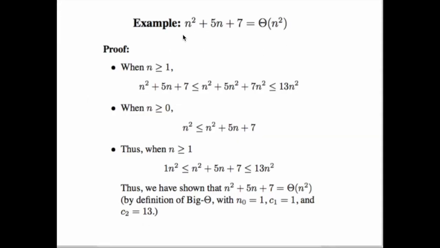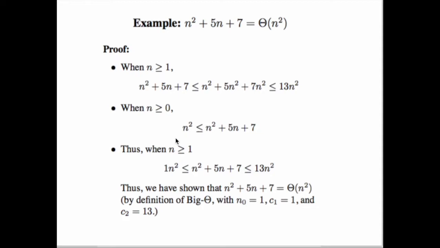So if we have f of n equal to n squared plus 5n plus 7, and we have g of n equal to n squared, we can establish the upper bound by replacing this with 5n squared and this with 7n squared, so that we can just simply take the summation of the coefficients and we can identify some c. So in this case, we have c equal to 13 to establish the upper bound for n greater than or equal to 1.